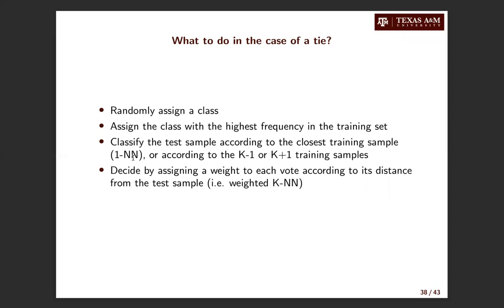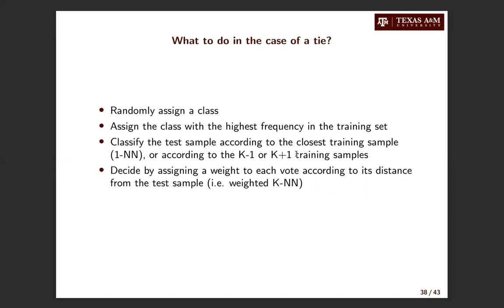The second option would be to assign the class with the highest frequency in the training set, just because that class might have the highest chance of being correct if the training set is representative of our actual data. Another option would be to classify the test sample according to K-1 or K+1 nearest neighbors, and that would break the tie if we just include or exclude one training sample from the decision-making process.